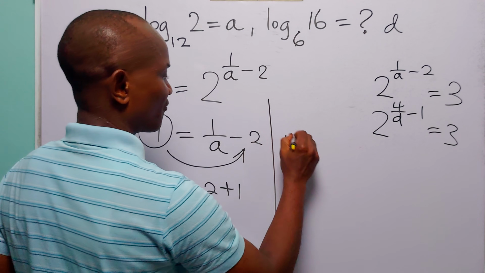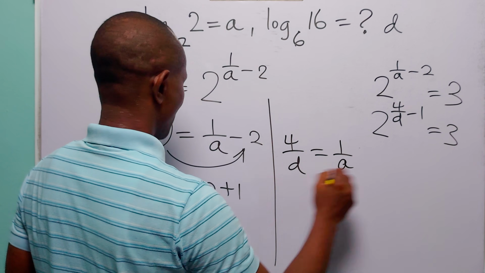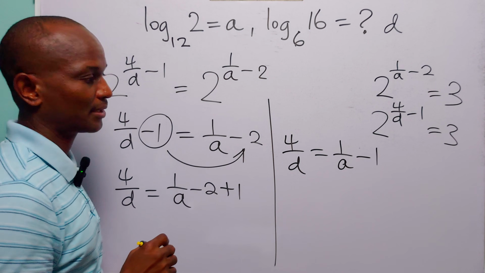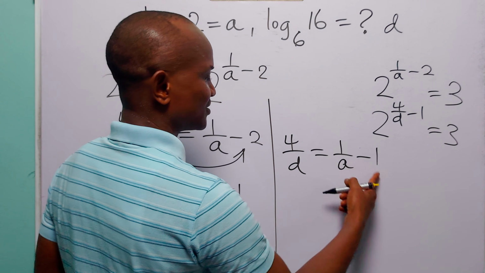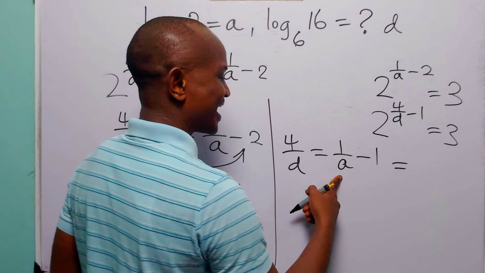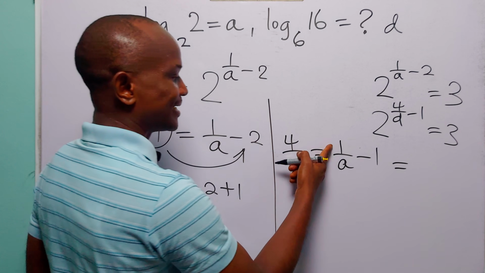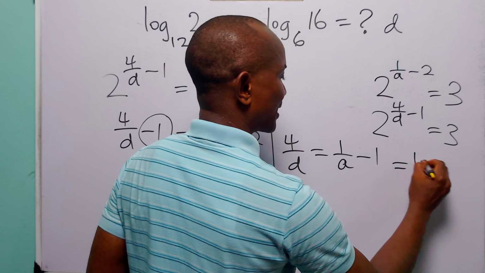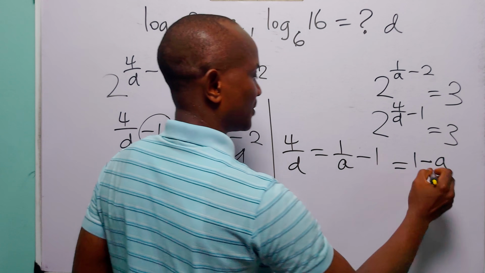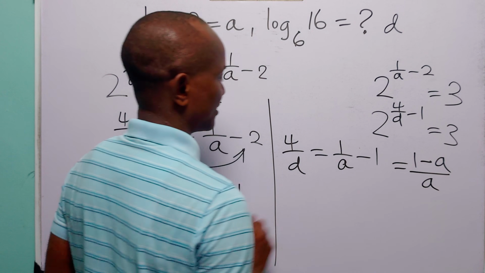So we have that 4 over d is equal to 1 over a minus 1. Let us combine these two fractions into one single unit. We have a times minus 1, that is minus a. So in the numerator, we are going to have 1 minus a. And of course, in the denominator, we are going to have a.